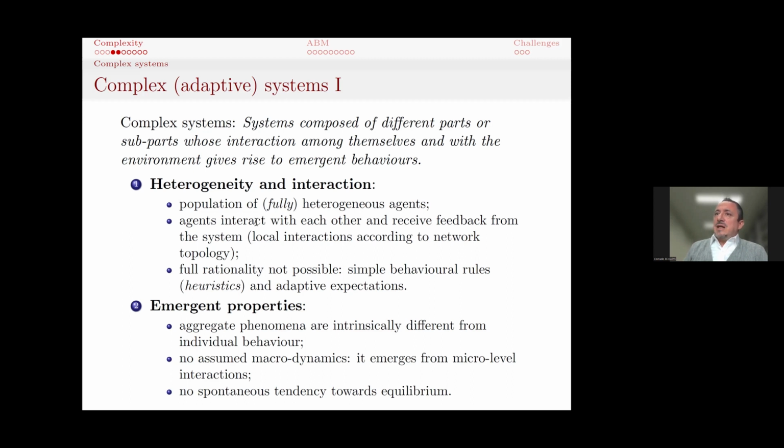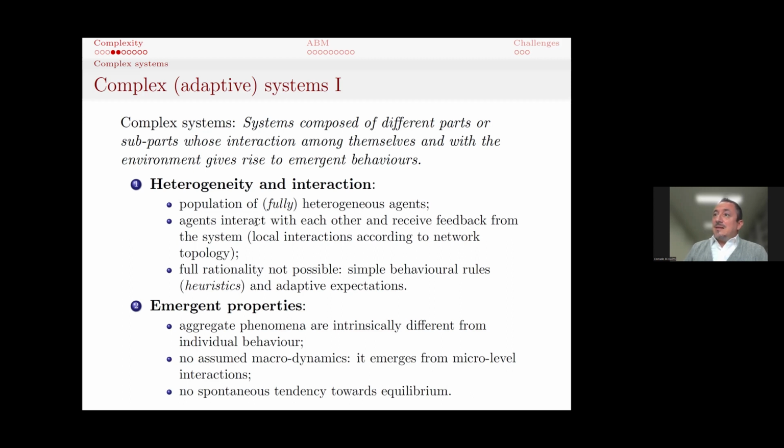First of all, we have different parts and subparts. Heterogeneity and interactions are the building blocks, the main characteristics of a complex system. Agents are heterogeneous from different points of view. Being heterogeneous, the interaction is interesting because, of course, agents, as we will see, evolve, and the interaction being heterogeneous can generate interesting dynamics.